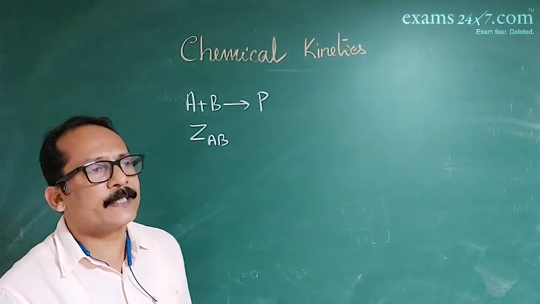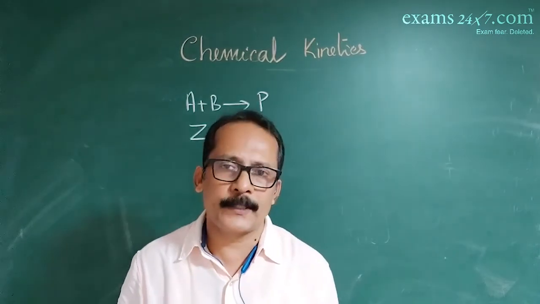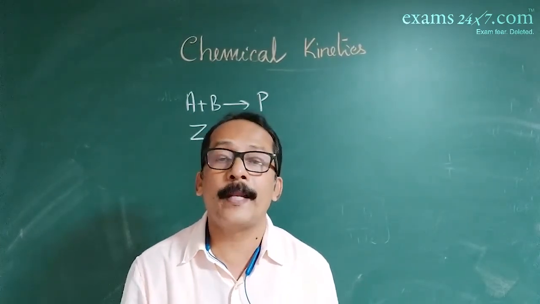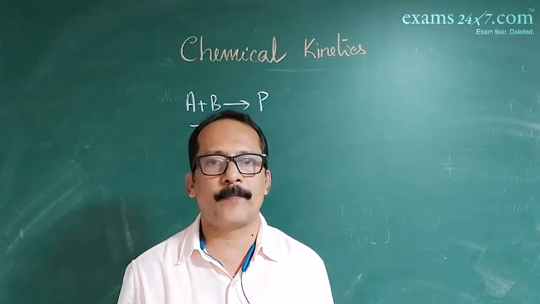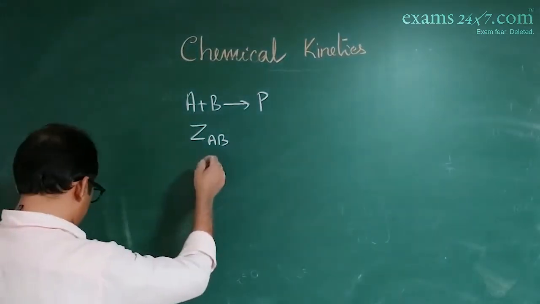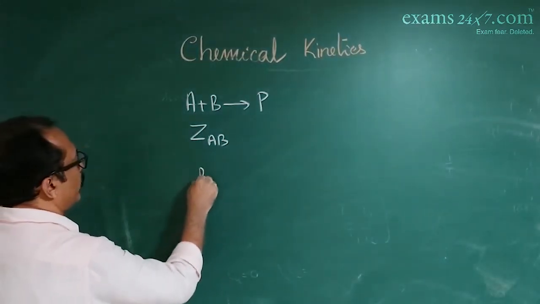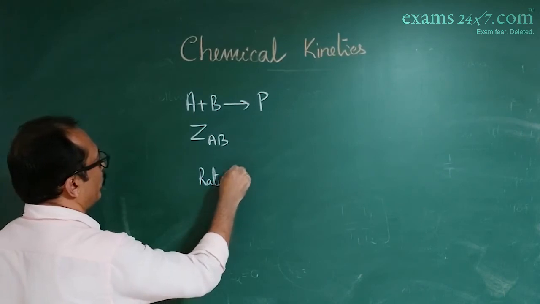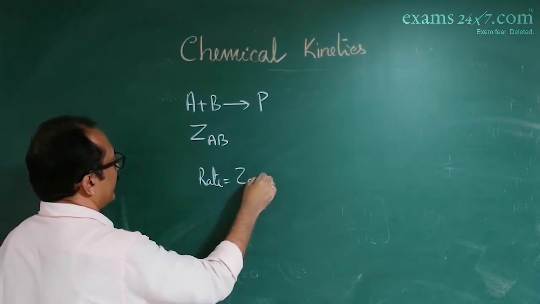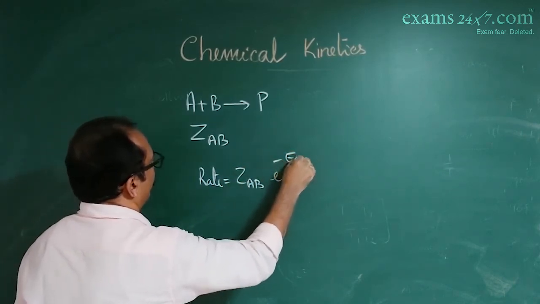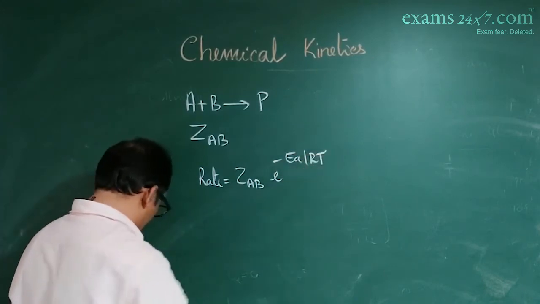Rate of the reaction is directly proportional to collision frequency as well as orientation factor. Now, first, about the rate using collision frequency: rate is equals to ZAB e to the power minus EA by RT.